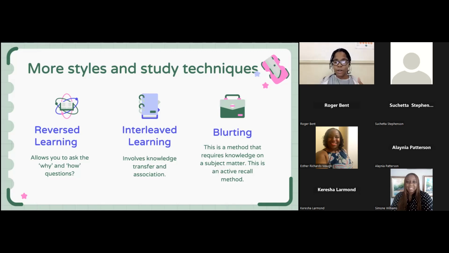So it involves some amount of knowledge transfer, but we can take it a step further to say you can study 2 subjects in one if you're skilled enough. As I said, some of these methods are a bit rigid, but you can study 2 subjects in one. So you can take what you learned over here in the Faculty of Humanities and apply it to another course that's in another faculty.